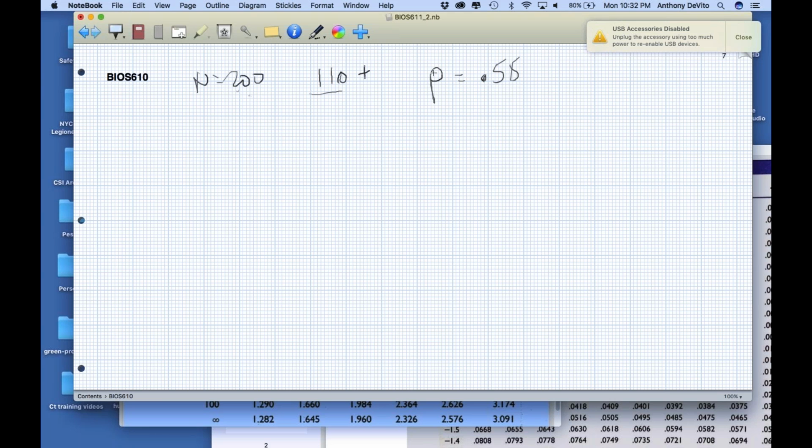When we talk about proportions, a lot of times we reserve P to represent the population proportion, everybody that's going to vote for this bill, not just the 200 that we sampled. To distinguish it, very often we use P cap to represent the sample proportion. So P cap is equal to 0.55.